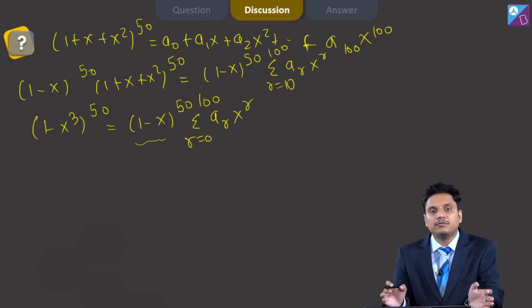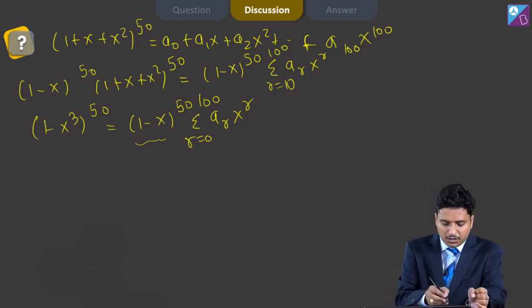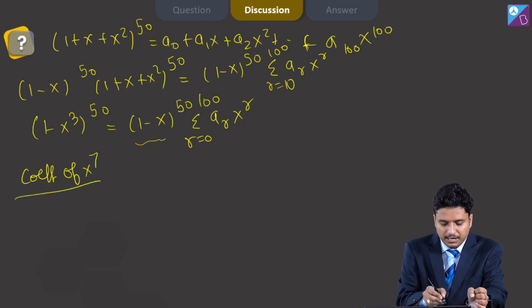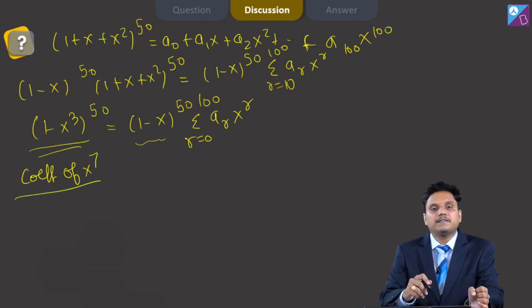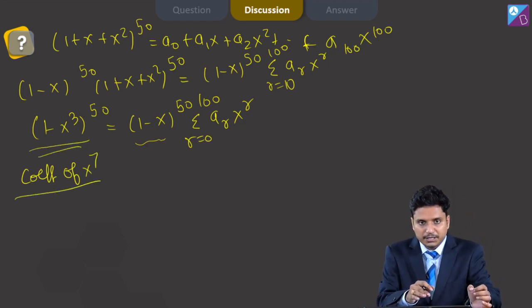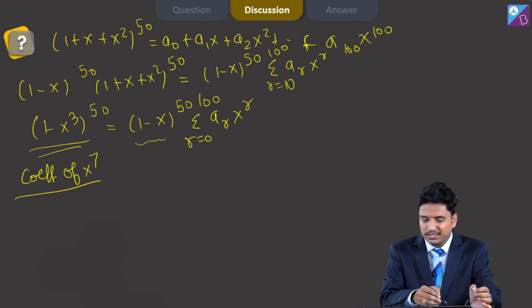We are trying to find the coefficient of x raised to power 7, comparing those coefficients. Anyway, on the left side there will be no coefficient for x raised to power 7, because it will have x cubed term, x raised to power 6, and then x raised to power 9, and so on.